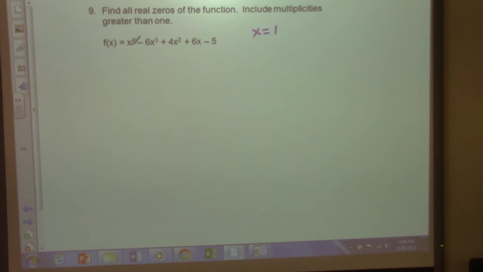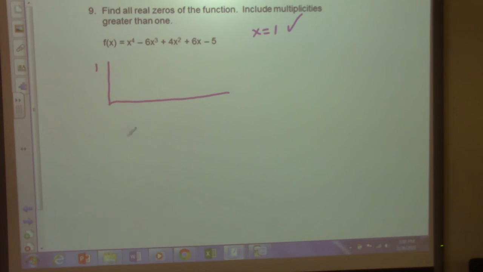Okay, let's try that out. So you get 1 minus 6, that's -5. -5 plus 4, that's -1. -1 plus 6 is 5, minus 5. So x equals 1, that's going to be a root, isn't it? And that's just the way you did it, right? Yeah. Okay, very good. So let's go ahead and work that out.